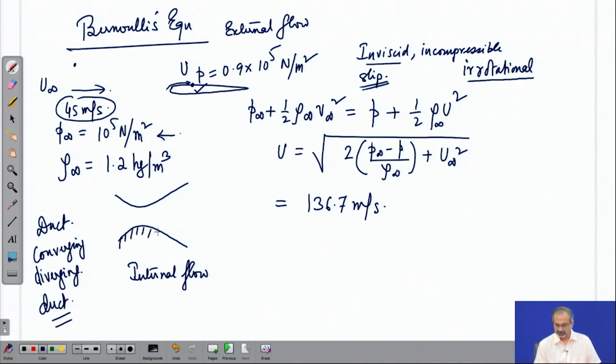Why so? Because this is the cross sectional view of the duct, and let us say we assume it to be a two dimensional one. That means along the depth there is no change in geometry. So, you can imagine that at this section the cross sectional area is what? It is this height into unit depth, that will be the cross section.